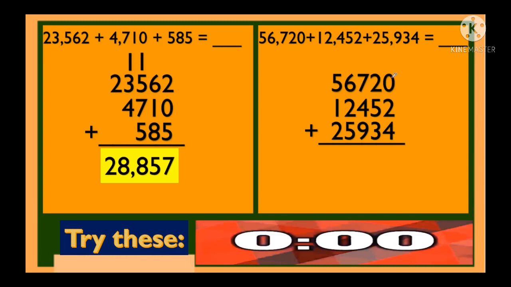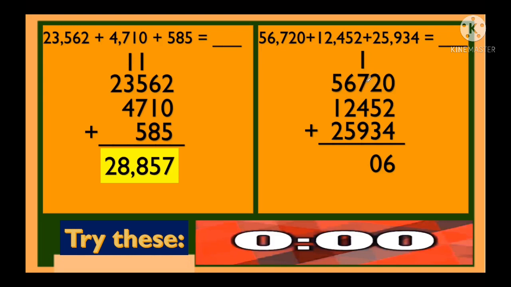Okay, 0 plus 2, 2, 2 plus 4, 6, very good. 2 plus 5, 7, 7 plus 3, 10. Good job. So I'm going to put 0 where? Okay, and then how about 1? On the upper part. Good job.